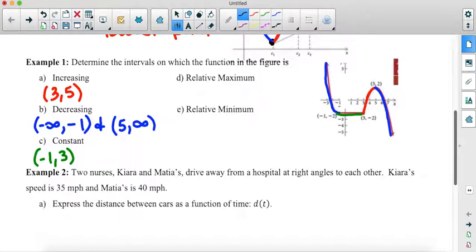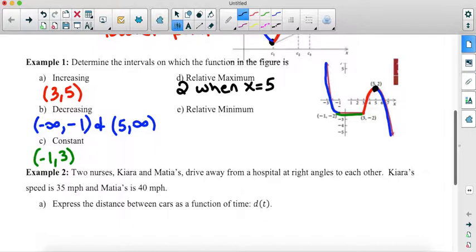This has a relative maximum: that turning point from increasing to decreasing, at (5, 2), is a relative max. So he has a maximum value of 2 when x is 5. The highest point he's going to hit is 2, besides talking about infinities.